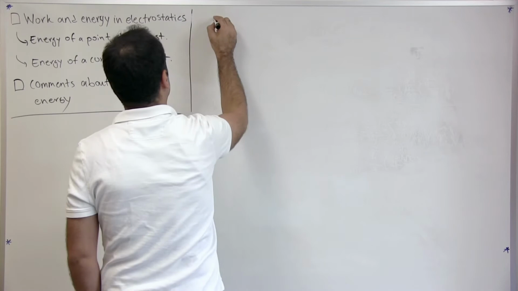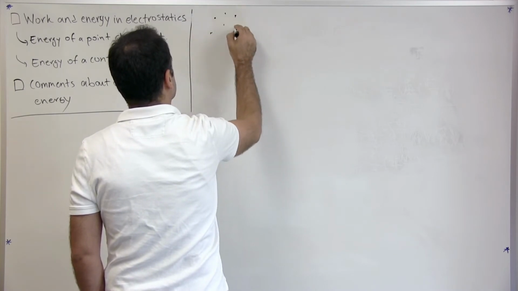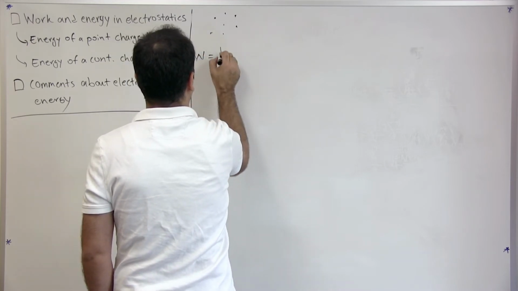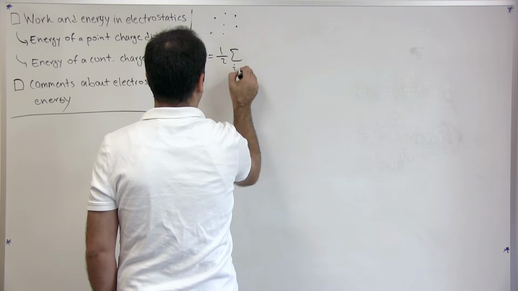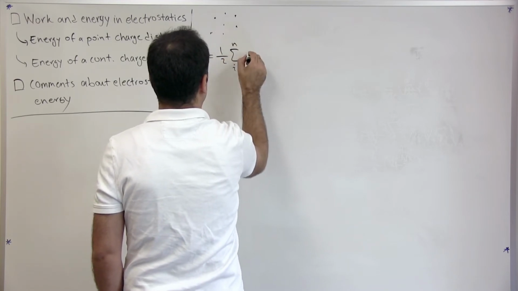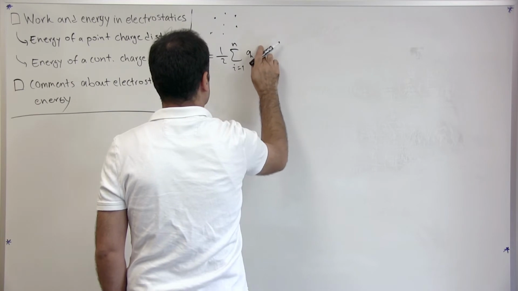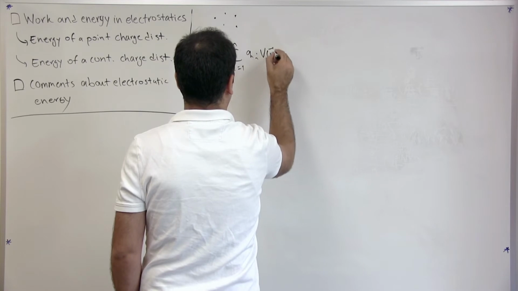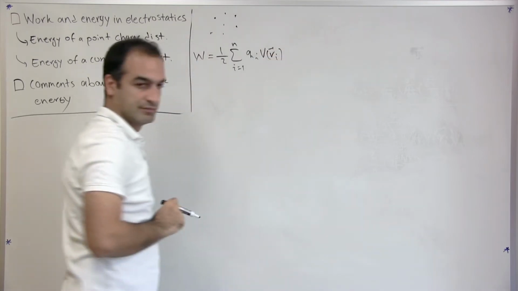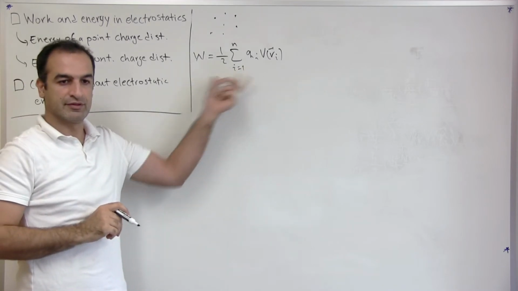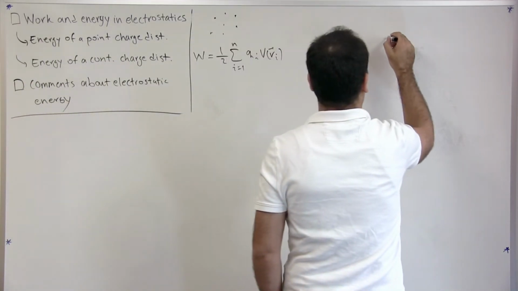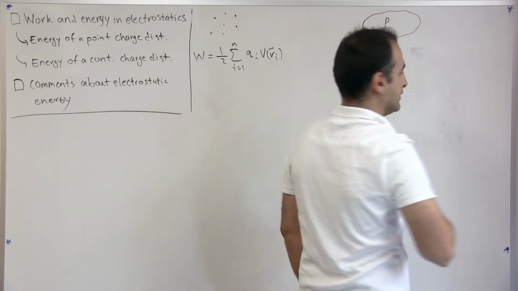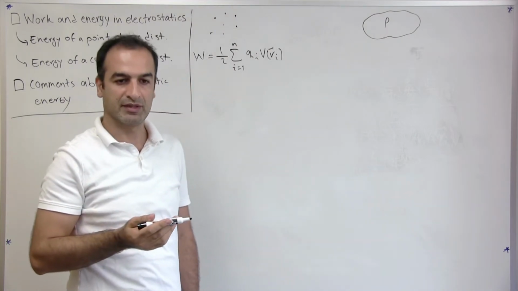So, on one hand, let's consider we have these point charges, and we said the energy to create such a formation is 1/2 sum over i from 1 to N of Q_i times V(r_i). So we have these 4 point charges. And now let's consider we have a continuous charge distribution with volume charge density rho.